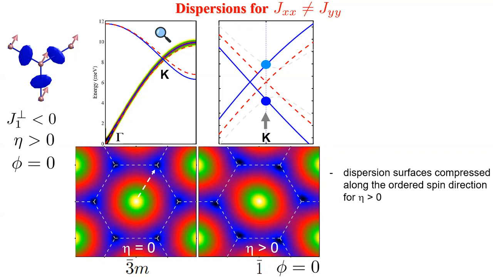Then we'll be able to go at the precise point where we expect a single nodal point. But you know that there's some bond-dependent anisotropy which shifts the location away from the K point.